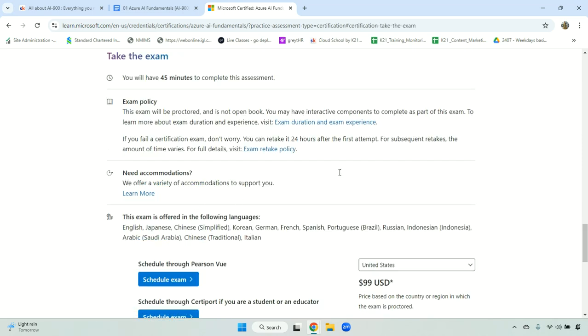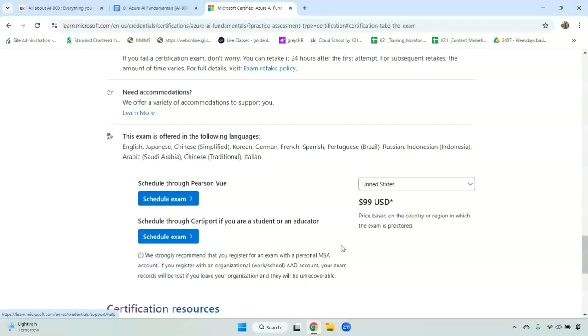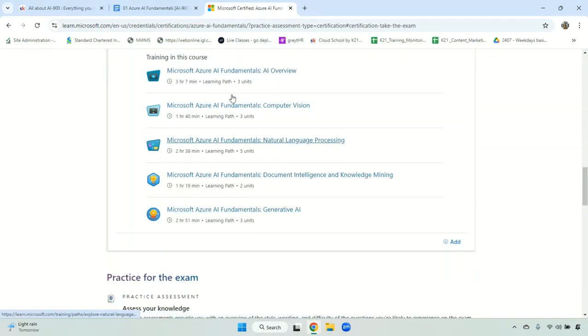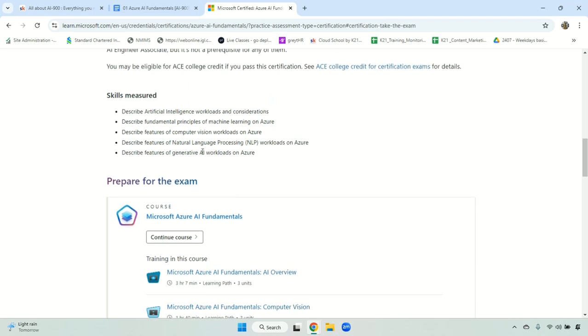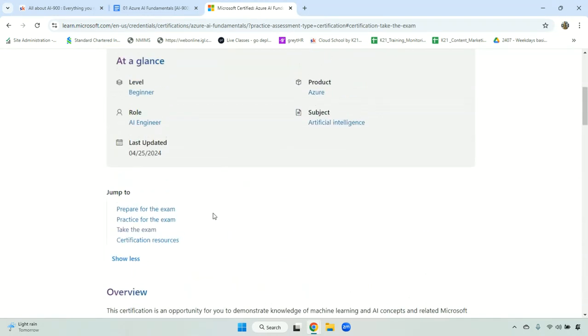If you want to take the exam, you can jump directly to the take exam section. If you scroll down, these are the certification resources it provides. Also, you can assess your knowledge, where you can take the practice assessment. These are the different modules which we discussed right now, and everything is included in this particular link as well.